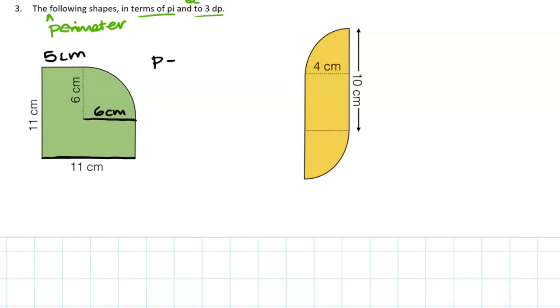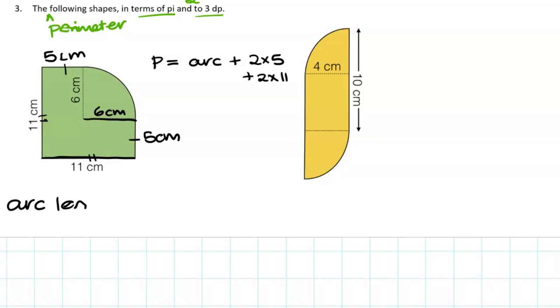The perimeter is going to be equal to the arc plus, we've got this 5 centimeters, I think I accidentally erased, 2 lots of that 5, 2 lots of this 11 centimeters. So that's going to be 2 lots of 5 is 10, so you could do 2 times 5 plus 2 times 11. If you wanted to, you could do the arc separately, so arc length.